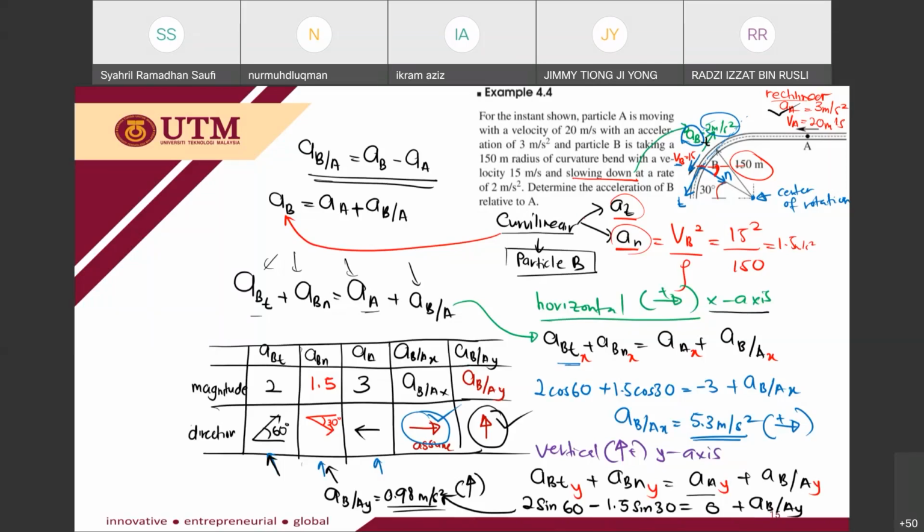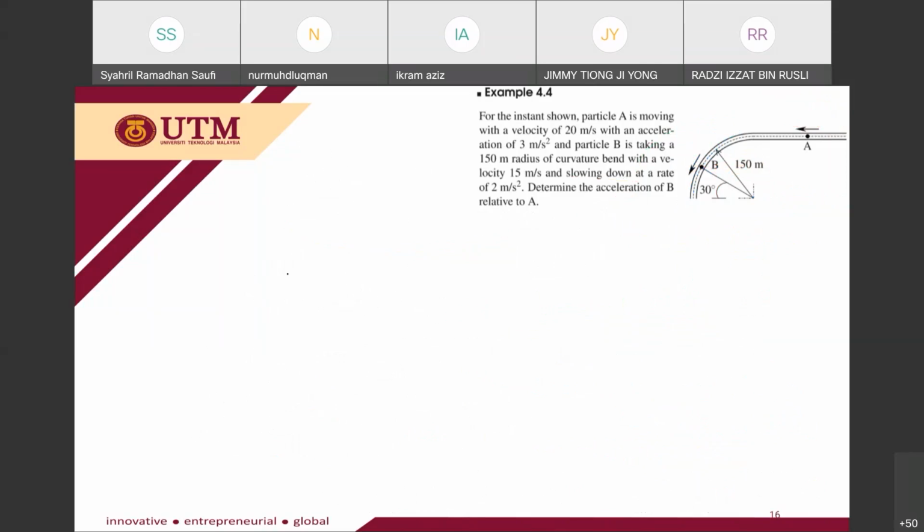So here you have acceleration of B relative to A along the x-axis, 5.3 meter per second squared, and then upward, acceleration of B relative to A along y, which is 0.98 meter per second squared. And then this would be your acceleration of B relative to A with the angle here.